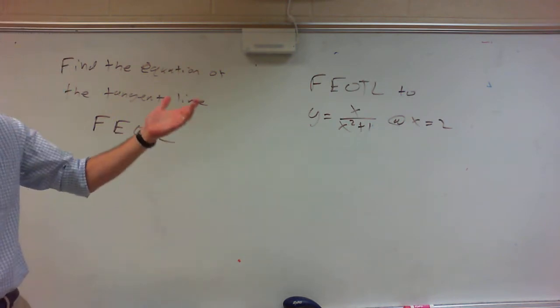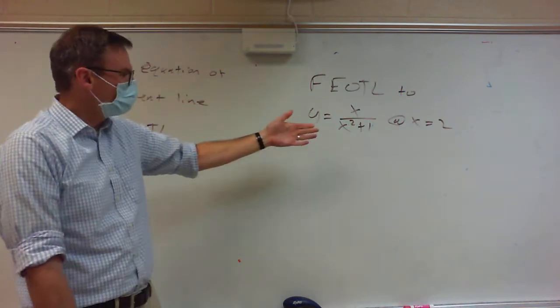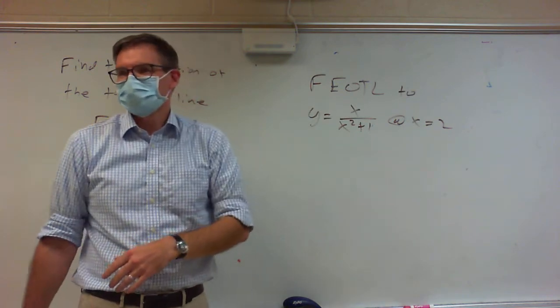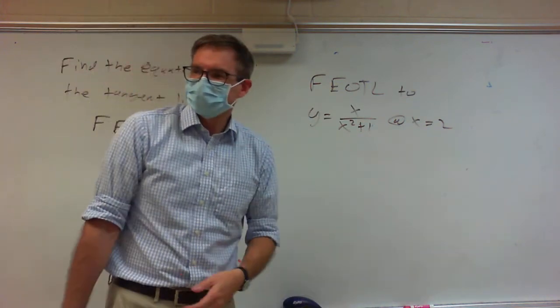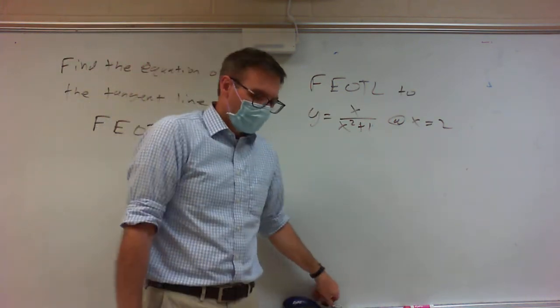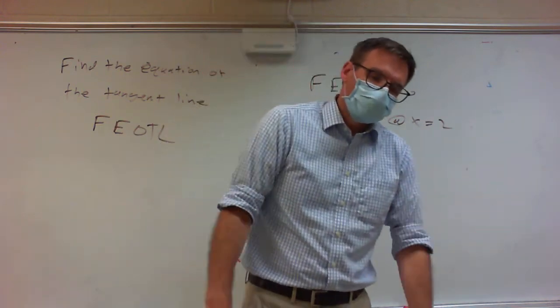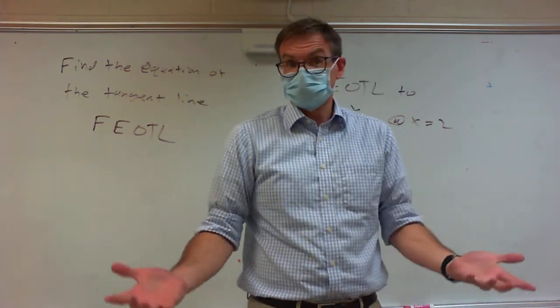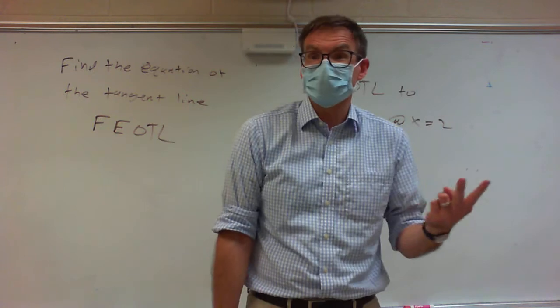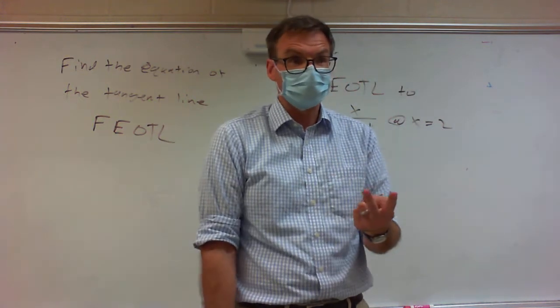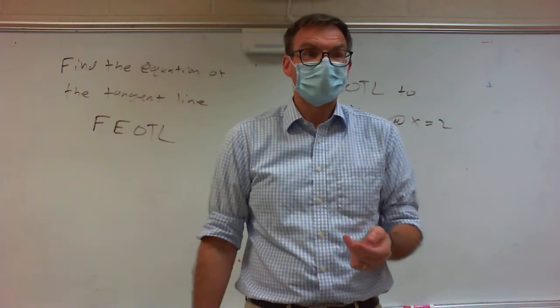So if I ask you to find an equation of a tangent line to this function at x equals 2, let's talk about finding the equation of a tangent line. Just in general, to find an equation of a line, you need two pieces of information. You always need two pieces of information. You need a point and a slope.